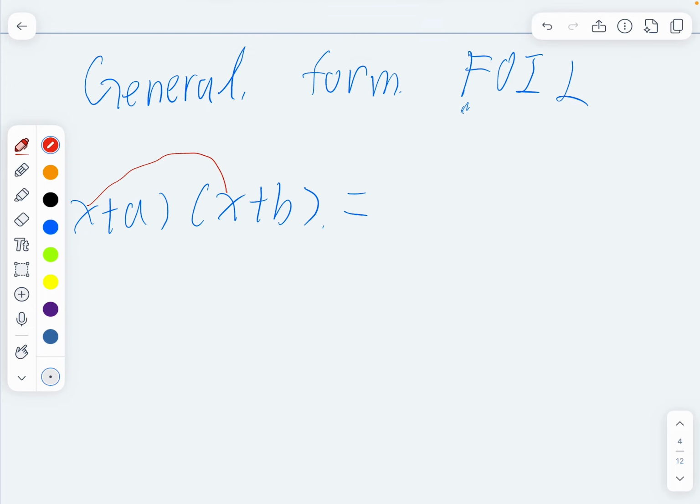So what does it mean? First, outside, that means to multiply the two terms on the outside.